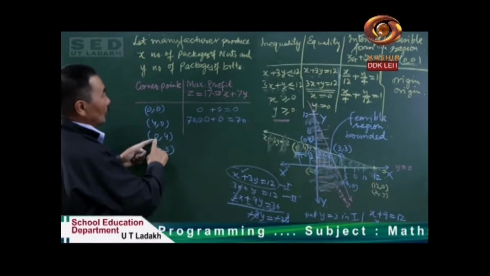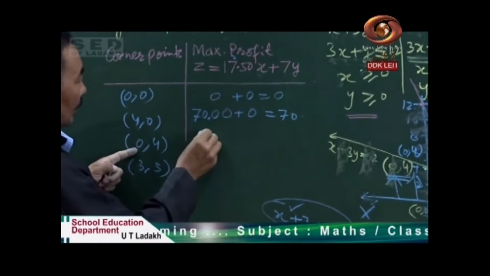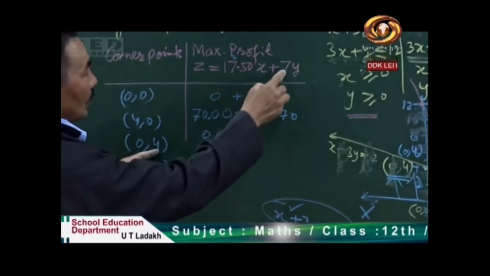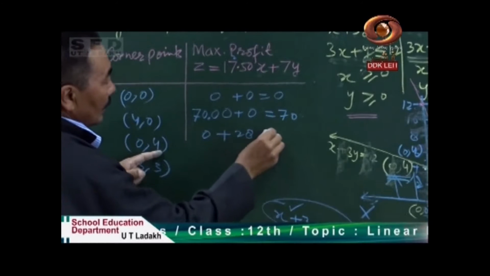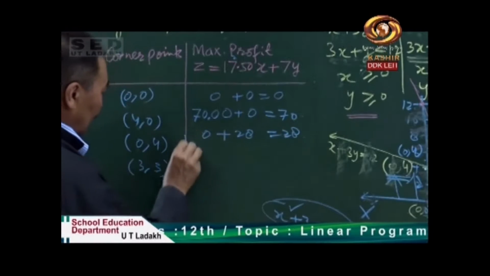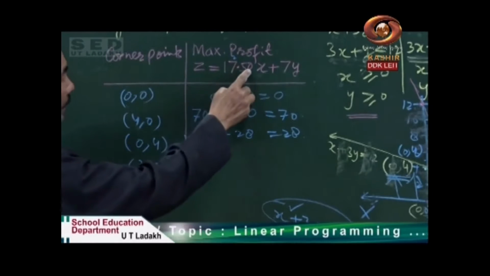Okay. Next 0 and 4. 0 into this becomes 0 plus 4 into 7. Y equal to 4, 4 times 7 is 28. This is 28. And at the last, 3, 3.